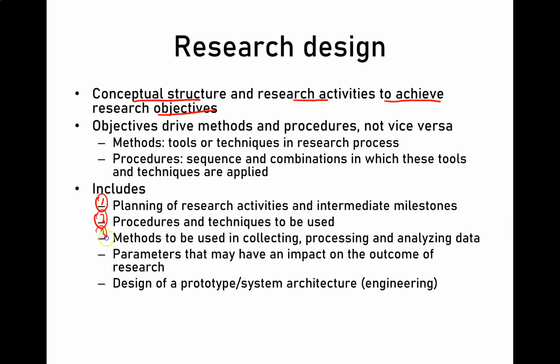If it involves collecting data, what method to use, whether it is primary or secondary data, and when you get the data, how you want to present it so that it becomes meaningful. And this meaningful data is important for you to show the impact or the outcome of the research.